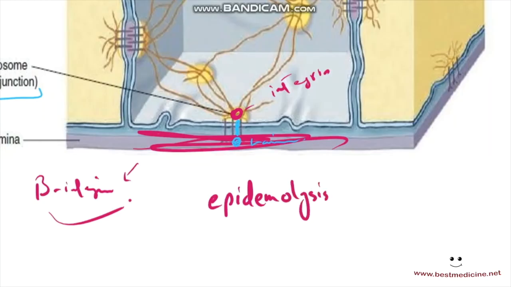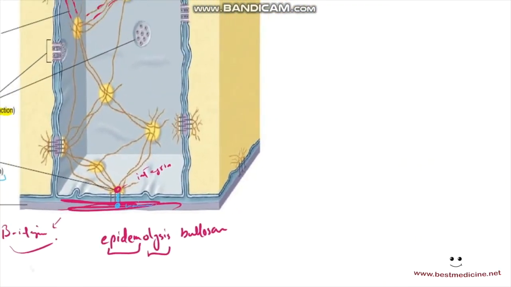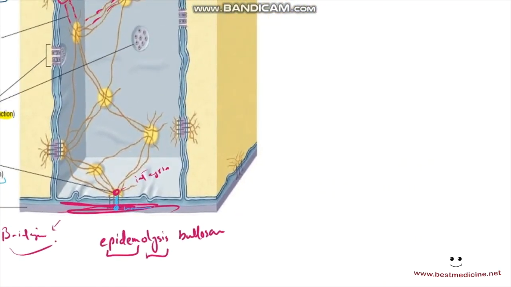Epidermolysis bullosa basically means epiderm would be the skin, and lysis would mean breakage. So obviously there's breakage in the skin epithelium, which is resulting from a mutation in beta integrin. So beta integrin is mutated, and so the hemidesmosome is not able to function correctly, and then there's epidermolysis, which means breakage of the skin, and it results in these blisters or bullosa, right?